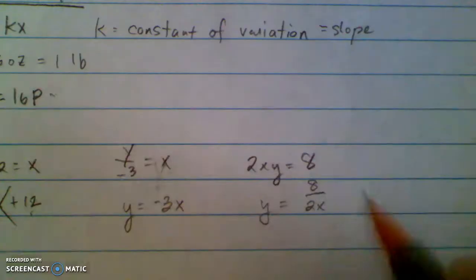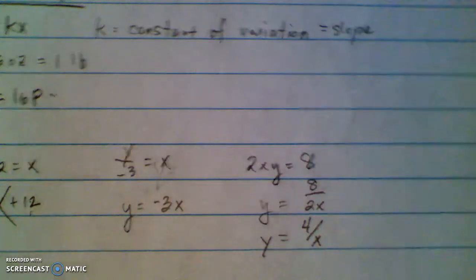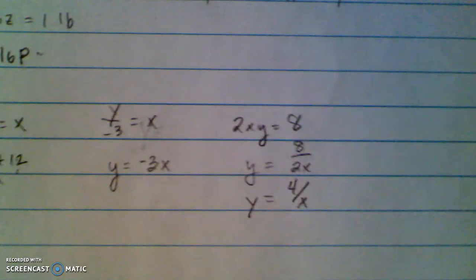Okay. And I'll make it y equals 4 over x. Is it a direct variation? No. X has to be in the numerator. X is in the denominator. Is it a direct variation? No, it isn't.